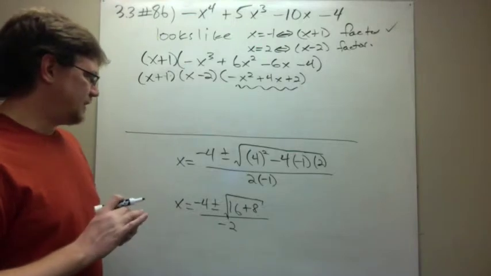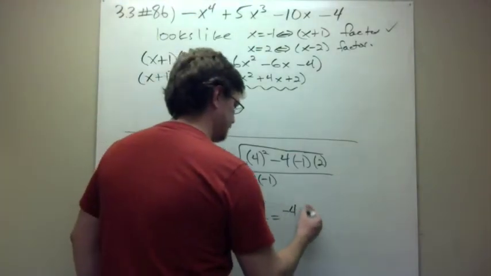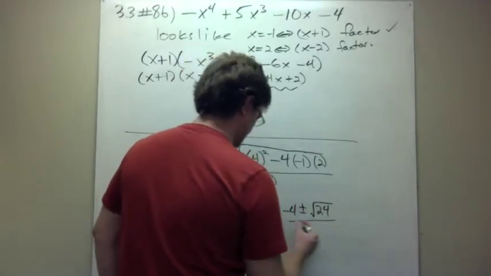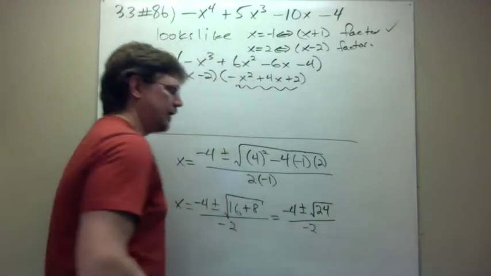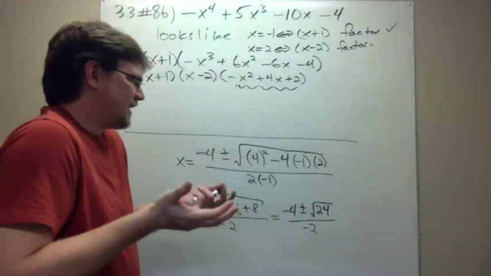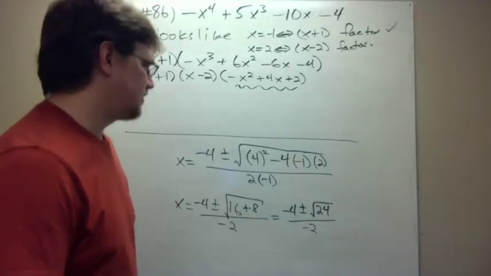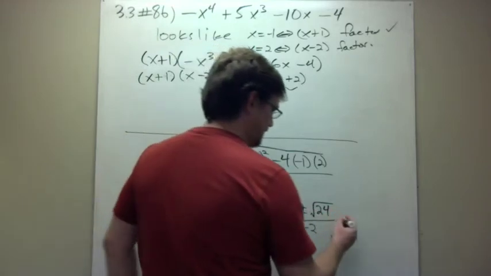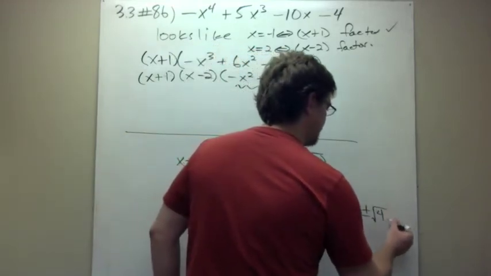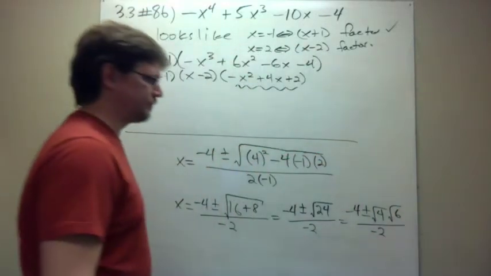16 plus 8 is 24. All right, well, 24 is 4 times 6. All right, so I can rewrite this as minus 4 plus or minus the square root of 4 times the square root of 6 all over minus 2.